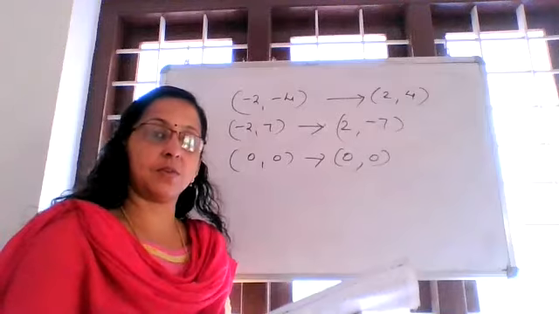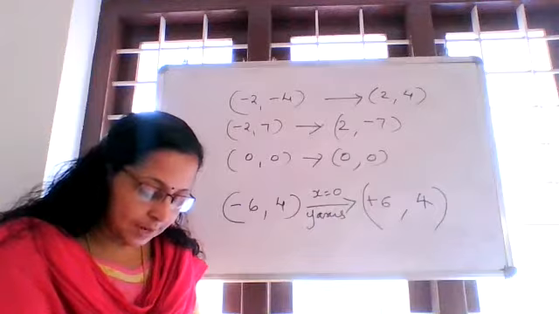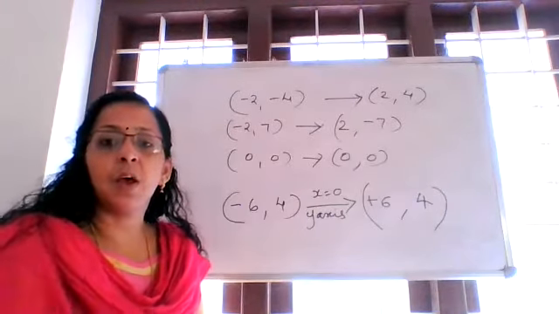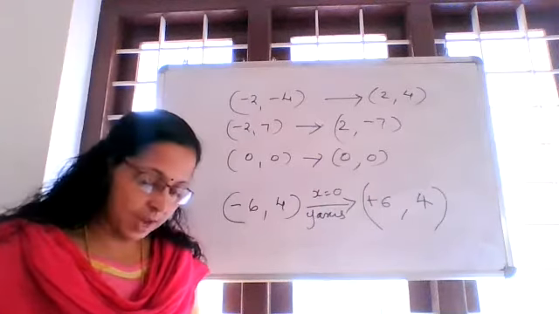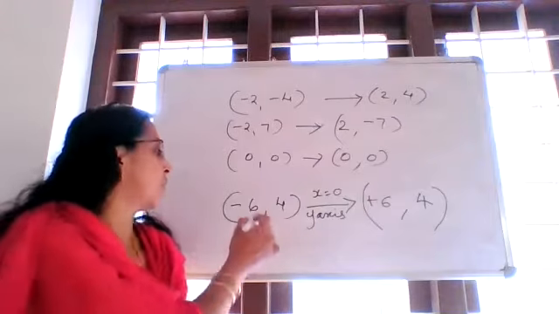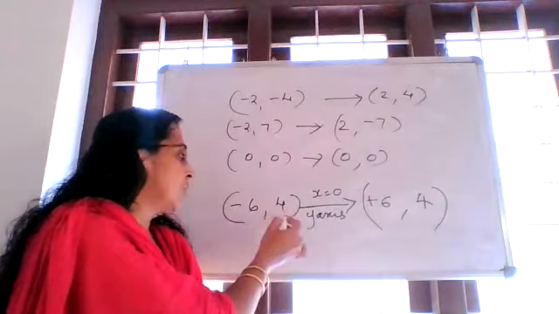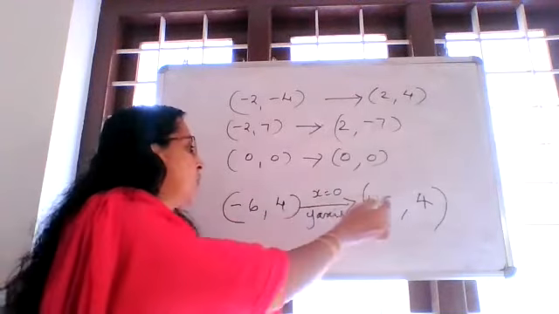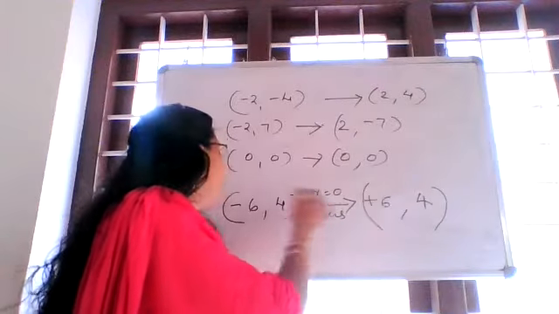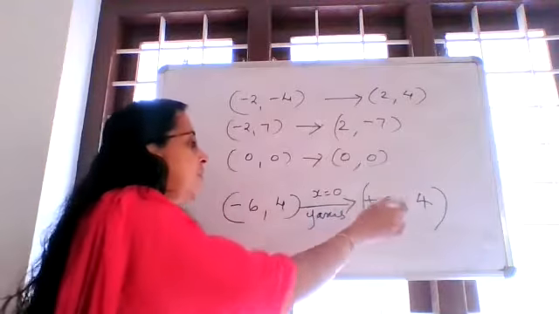Given x is equal to 0, that means it lies on the y-axis, so it is reflection on the y-axis. Negative 6, 4: no change for y, so negative 6 will become positive 6 and 4 is 4 itself. The answer is positive 6, 4.